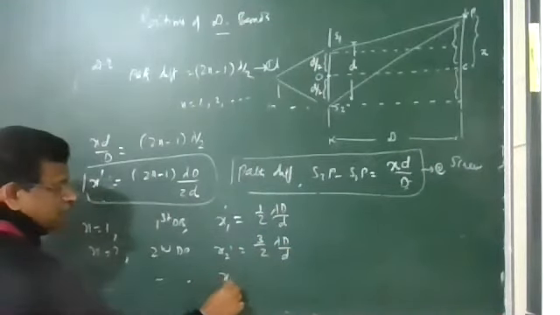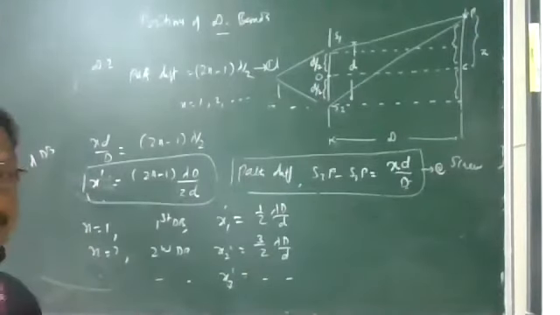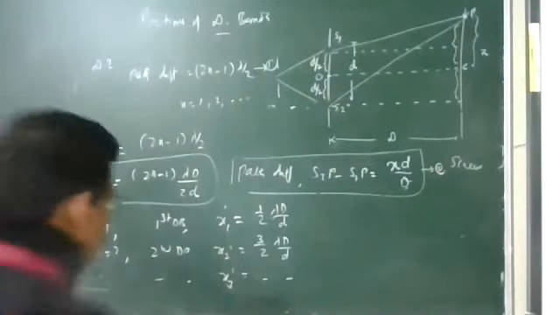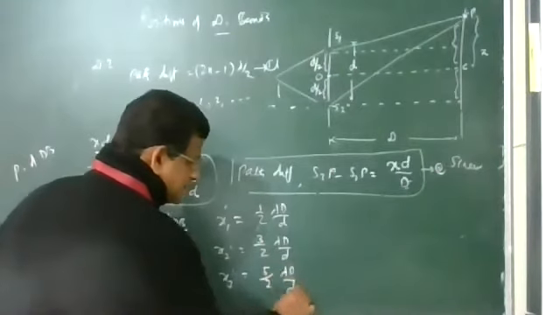Similarly, where will the third dark band be? First one is half lambda D by d, second is 3 by 2 lambda D by d. What will the position of the third one be? See the order: half, then add one to get 3 by 2, add one again. It will be equal to 5 by 2 lambda D by d, etc.